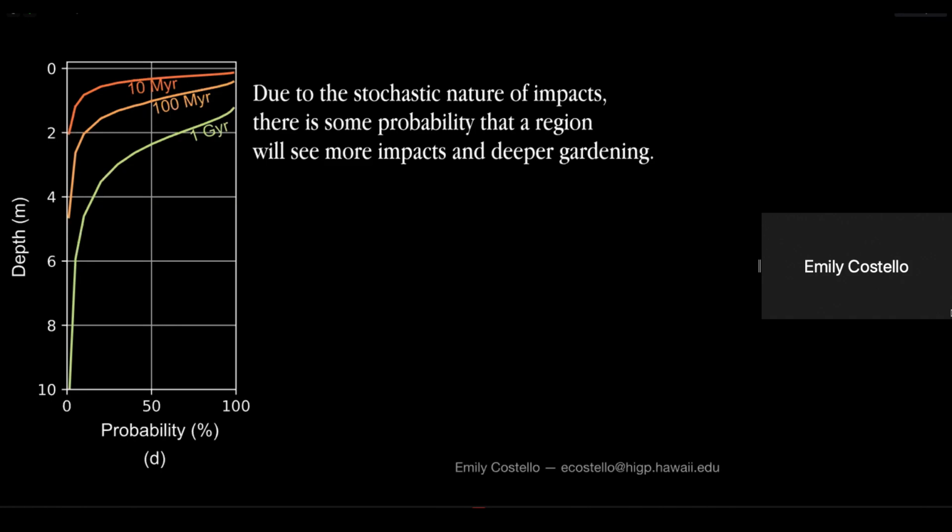If you're familiar with crater statistics, you can think about 100% or approaching 100% probability as crater saturation at these gardening depths. And at lower probabilities, we're at crater sizes and crater depths that are approaching saturation but haven't reached it. And due to the stochastic nature of these impacts, there's some probability the region will see more impacts and deeper gardening than is implied by that 99% saturation gardening, thorough reworking.